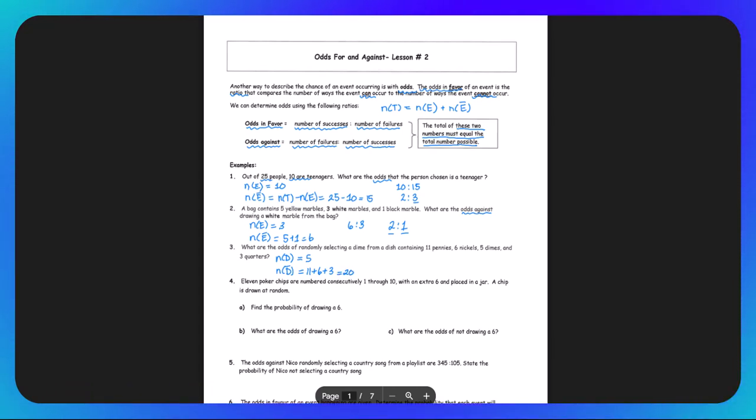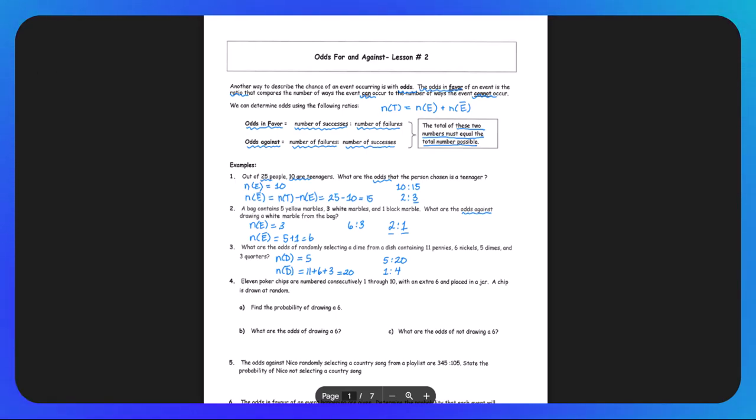This says the odds of randomly selecting a dime, so that's the odds for a dime. So we say 5 to 20. In this case, we can divide both by 5, so the odds are 1 to 4. So for every 1 dime, there are 4 coins that are not dimes.